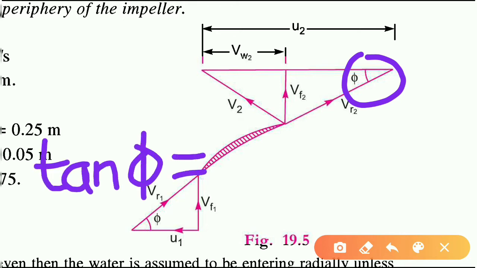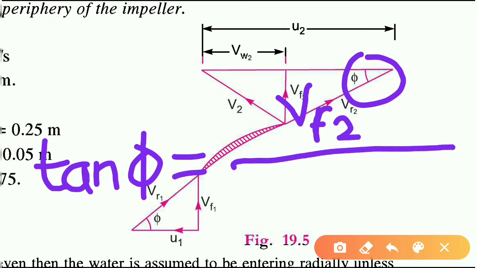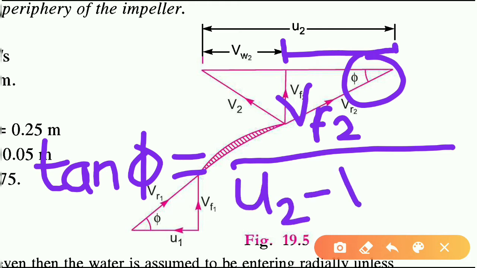If we take tan phi, what will be the equation? It will be its opposite side, which is Vf2, divided by its adjacent side, which is U2 minus Vw2. So using this equation we can find out the value of tan phi.